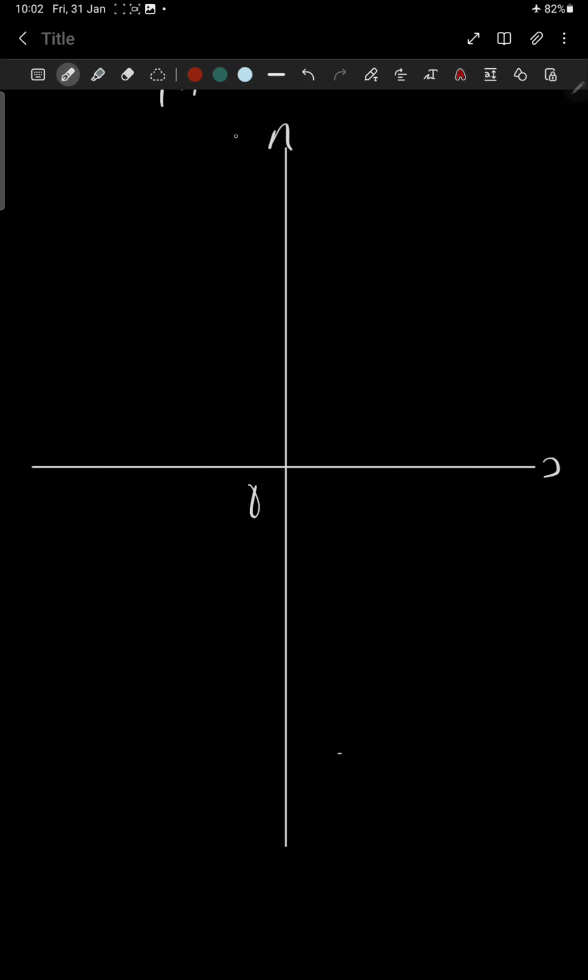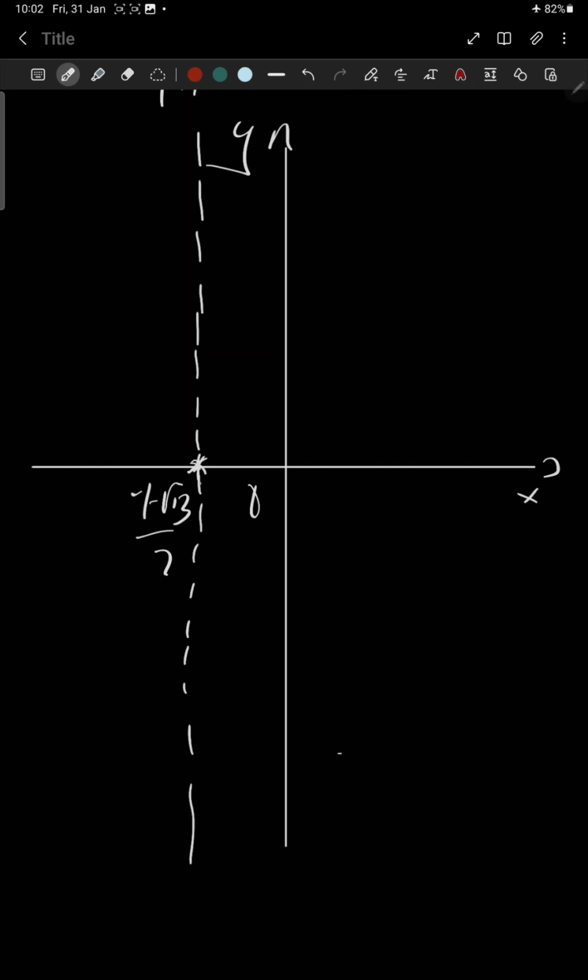Now this is 0, of course, this is y, and this is x. That one was negative 2 point something, so this is negative 1 minus the square root of 13 over 2, this point. Then this point here, which is 1 point something.